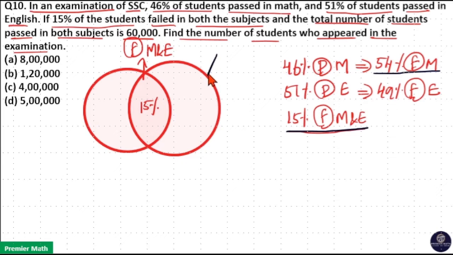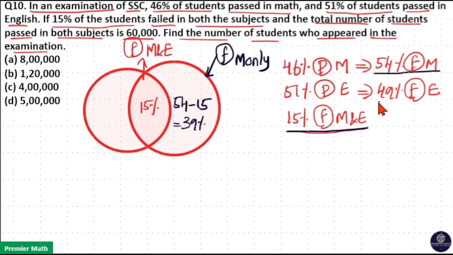So in order to find the students who failed in maths only, we have to subtract 54 minus 15, which is equal to 39%. Because students who failed maths are also included in students who failed maths and English, students who failed maths only is 54 minus 15.